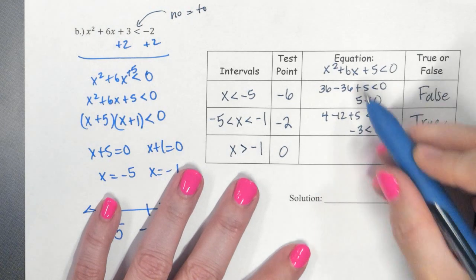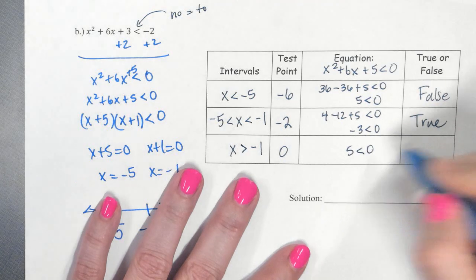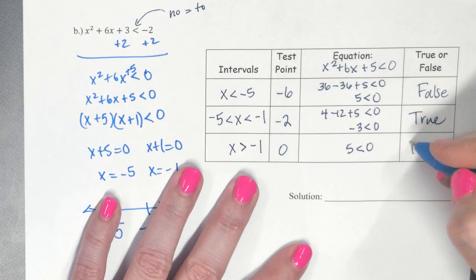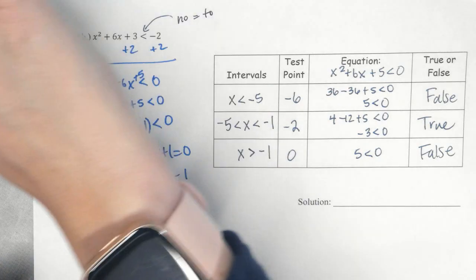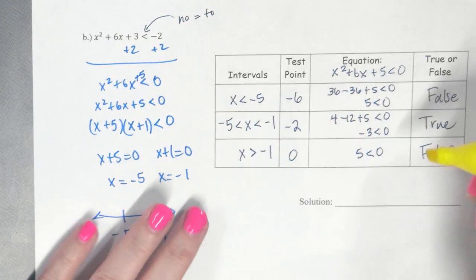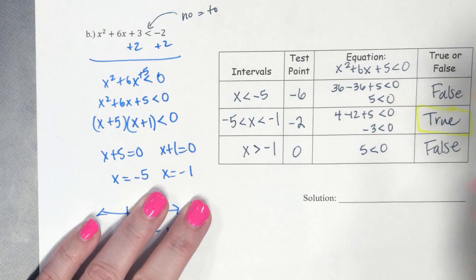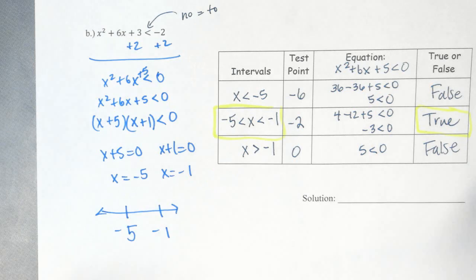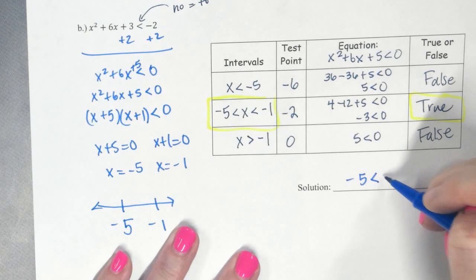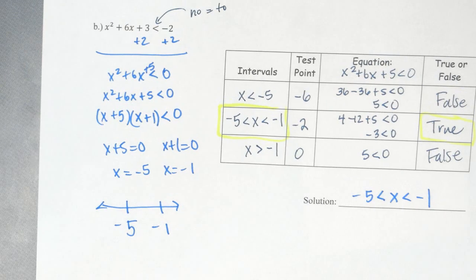Yep, but you got to show me your equation. Okay, so plug in the 0, false. Now your solution is always the which one? Whichever one is true. That's why I'm highlighting these, okay? So if this is true, then negative 5 is less than x, which is less than negative 1.